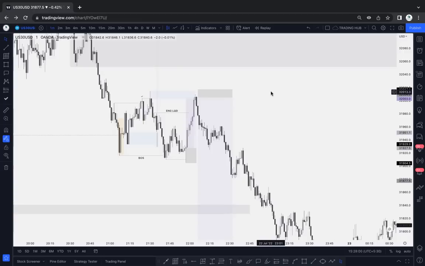Once you confirm and become a confident trader, then you can increase your position size a little. This will help you a lot to understand how you can take entries and how you can identify the BOS and inducement, because most of the time traders get confused.